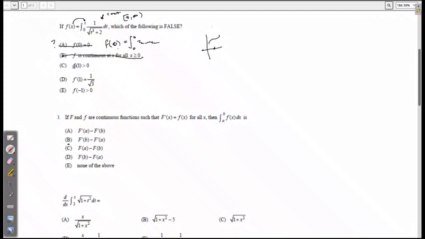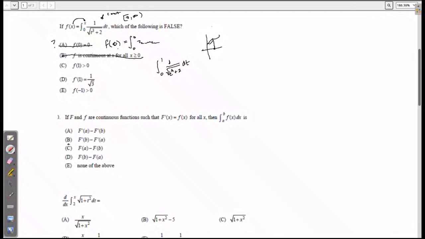On C, they're asking about f of 1. Since they're asking us to evaluate the integral from 0 to 1 of 1 over root t cubed plus 2 dt, I really don't want to think of this as a calculus problem. I really want to think of this as an area problem.